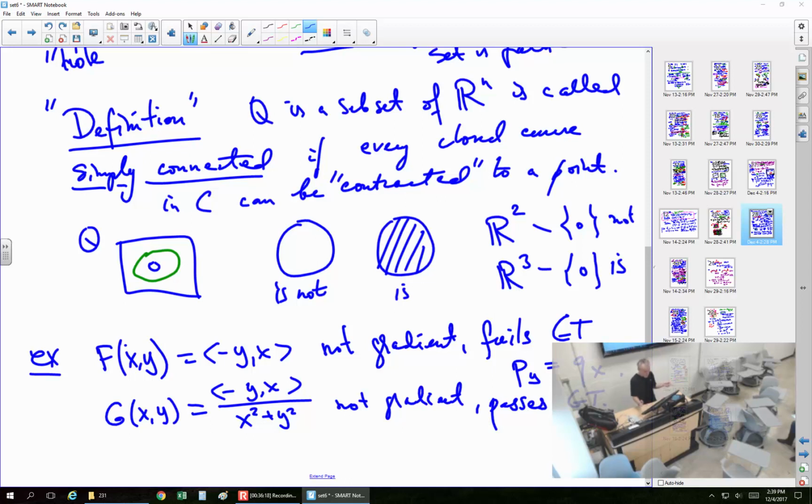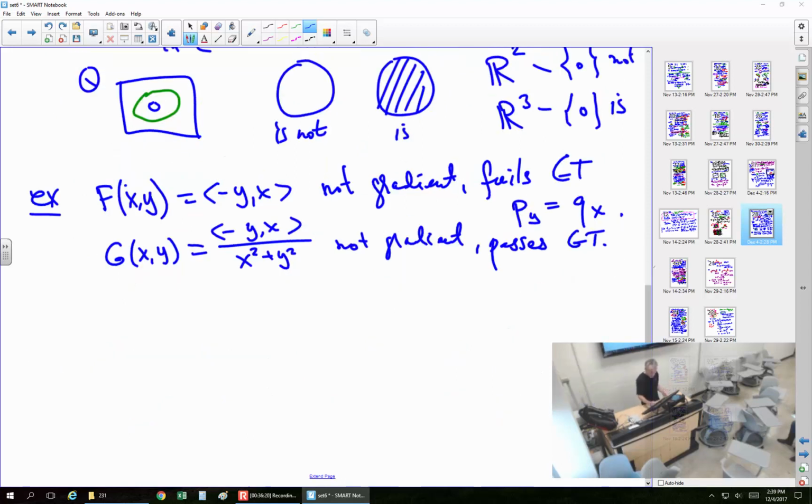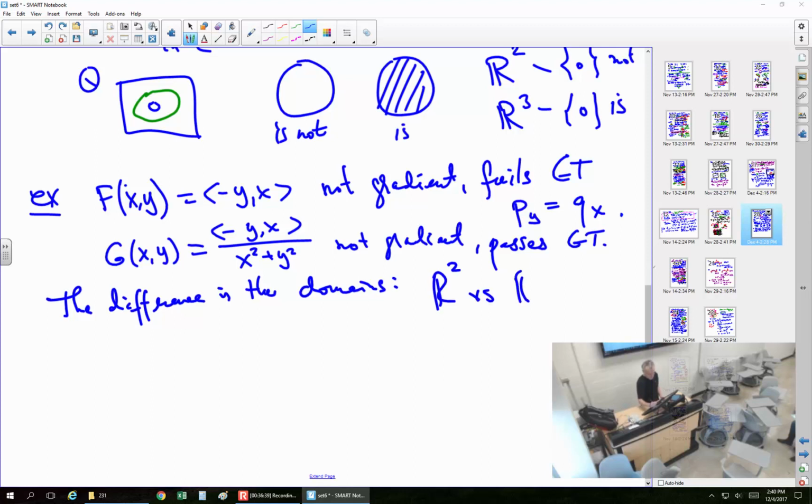So what's the difference between the two? Like I said, they have a very similar circular pattern of motion of arrows. The difference is the domain: R2 versus R2 minus a point.